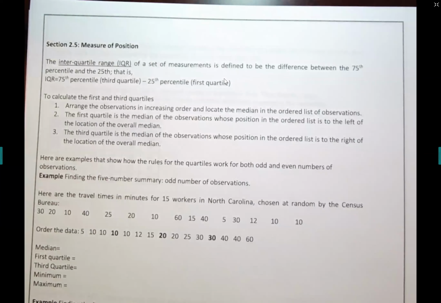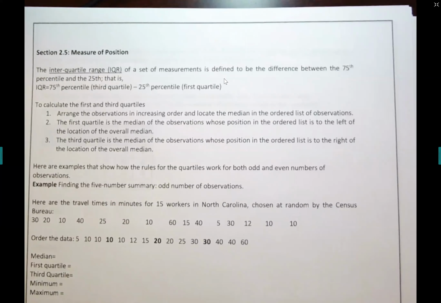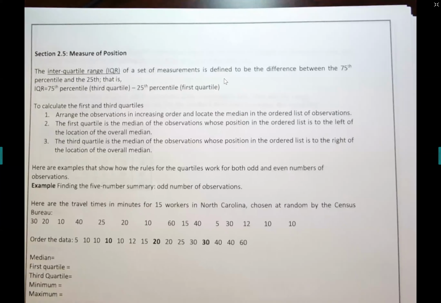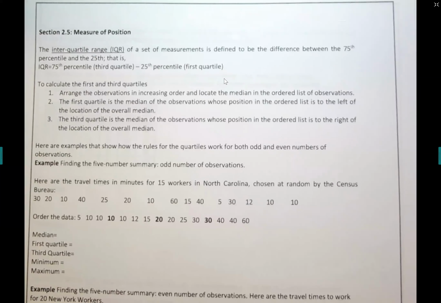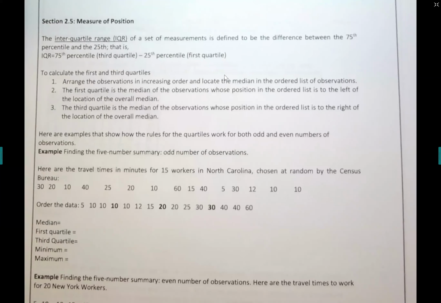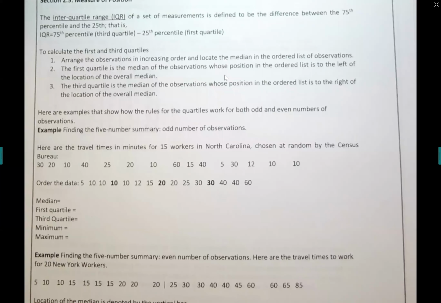And now, the last section, a very easy section. We'll go through it, and then we'll do a little bit of a review of chapter 2, if time permits. Okay. I'm going to begin with an example explaining measures of position.